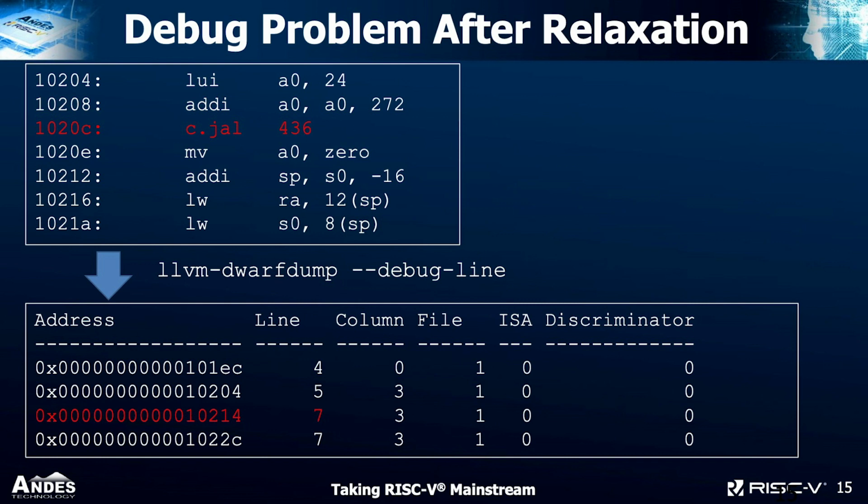So all locations of the instructions after jal are changed after relaxation. If we dump the debug line information through objdump, we could find that line 7 is located at 10214. However, it's an illegal address in the program. The legal ones are 10212 and 10216.